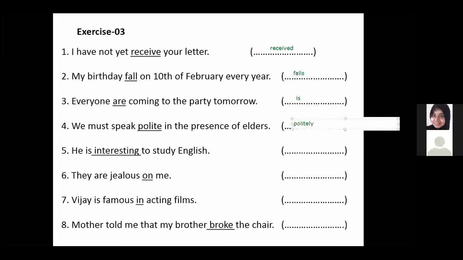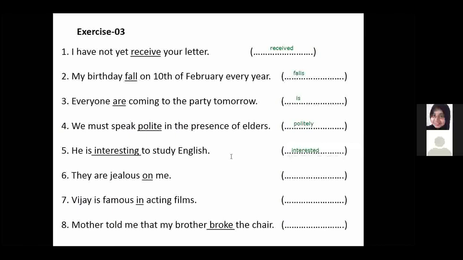Politely. Okay. Next one. He is interesting to study English. Interesting is an error here. Is interesting the correct answer? No, not at all. So the correct answer is interested.